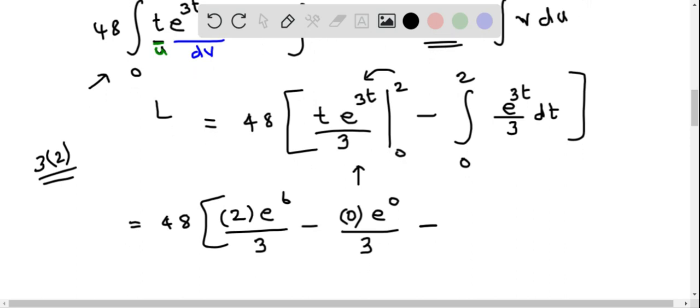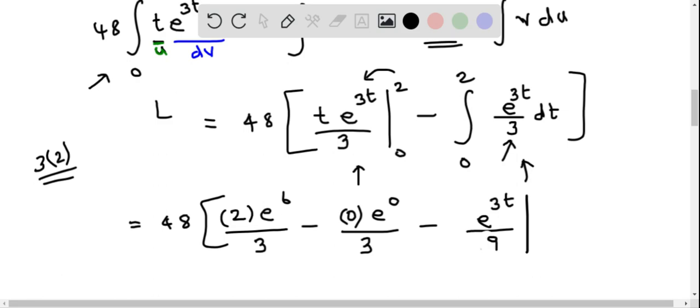Now we have to evaluate this integral and then apply the upper limit and lower limit. So here we have e raised to the power of 3t. We know that the integral of e raised to the power of 3t is e raised to the power of 3t divided by 3. But since we already have one more 3, this 3 and this 3 will get multiplied, and we can put this as divided by 9.